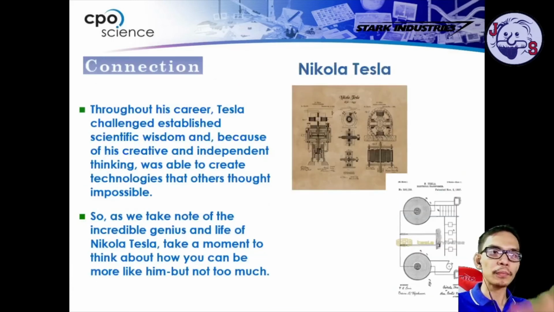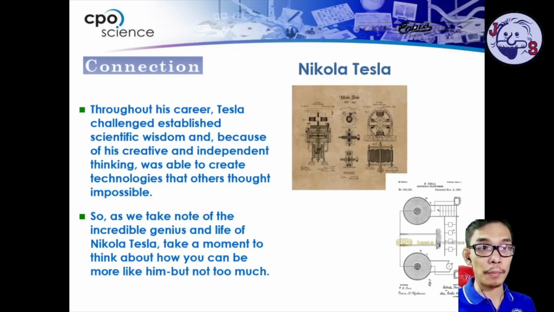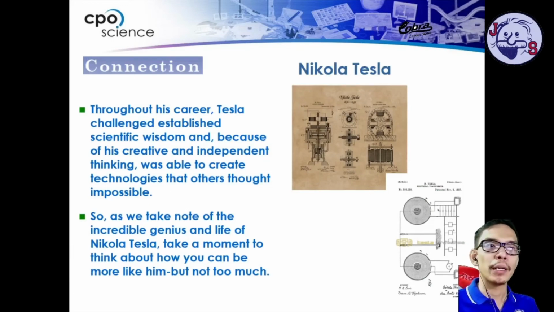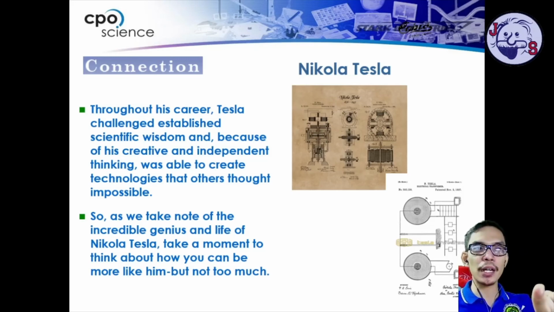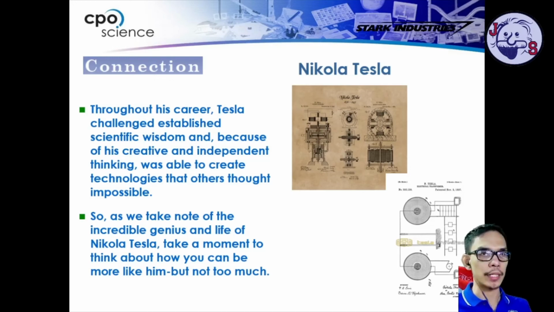Before we end our video lesson for this session, the man behind the electric generator, the AC generator, the alternating current, and the transformer we discussed today is none other than Nikola Tesla.